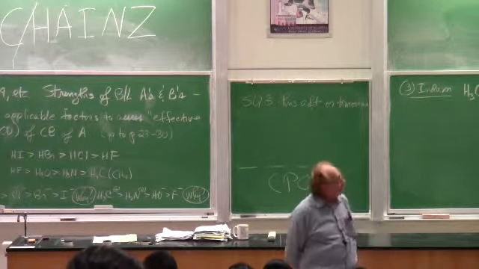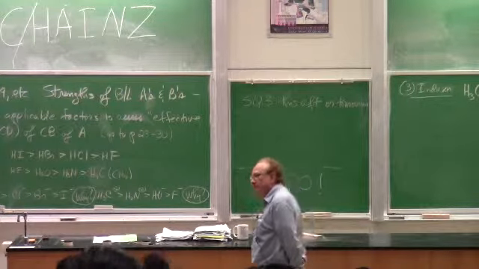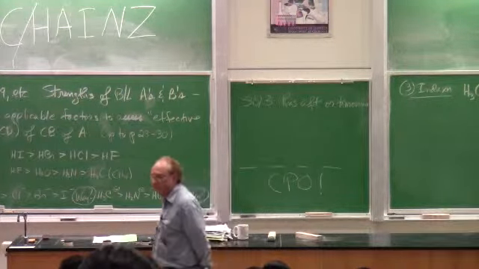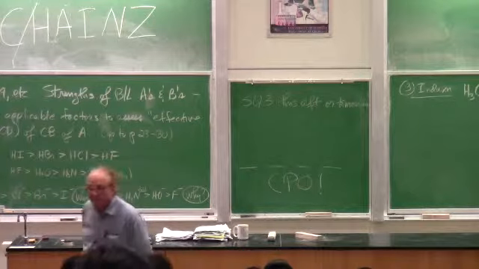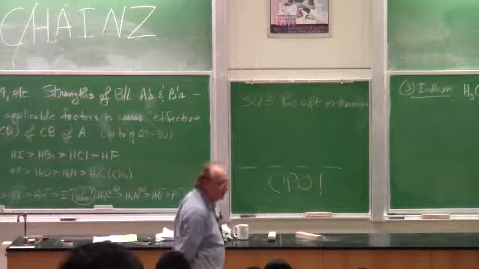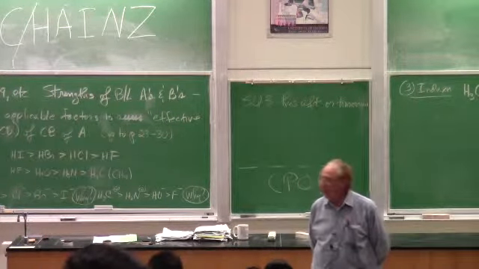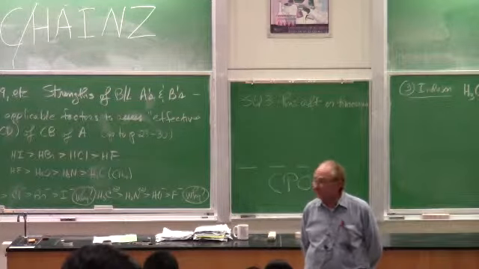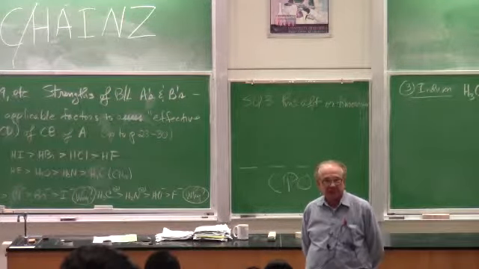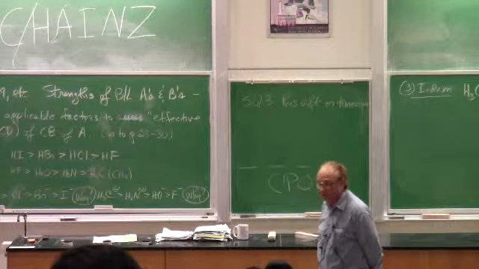But when you get to neon, you've got 10 protons in the nucleus, 10 neutrons for the average neon atom, and of course 10 electrons surrounding. So here's an atom composed of a lot more particles, which is a good deal smaller than the atom composed of many fewer particles.